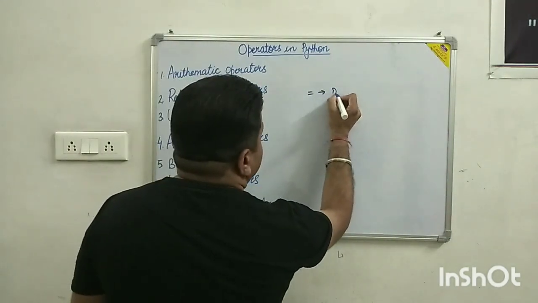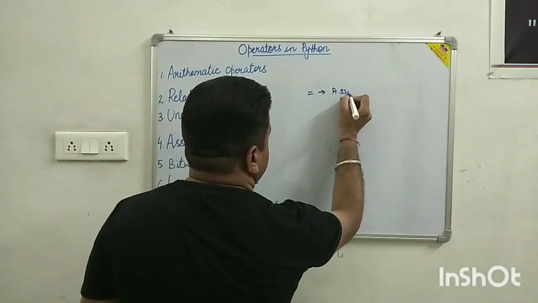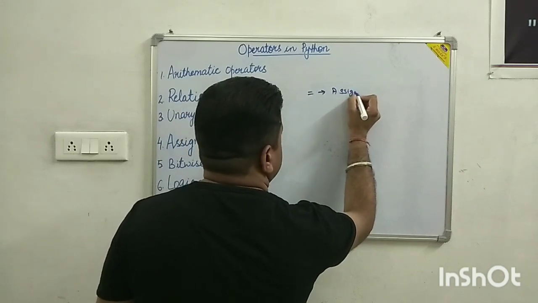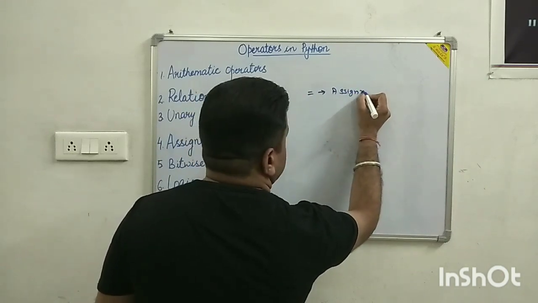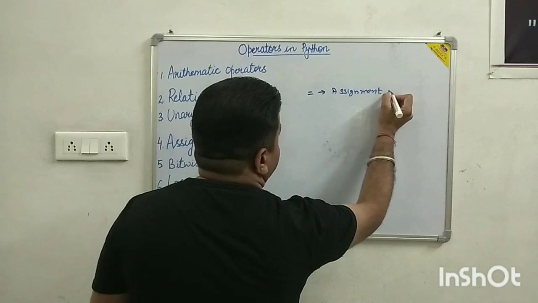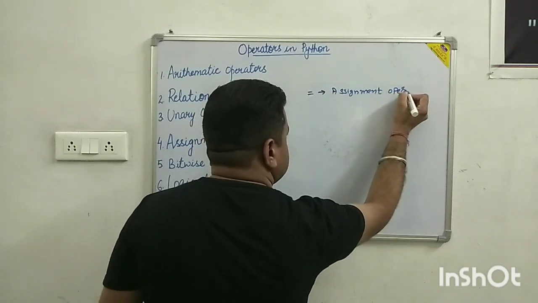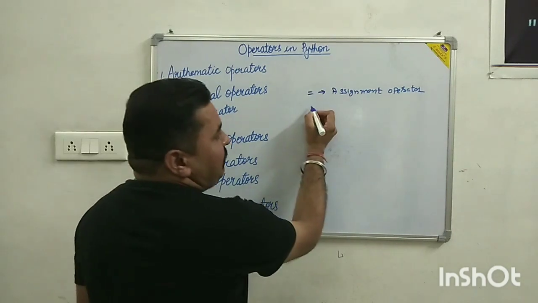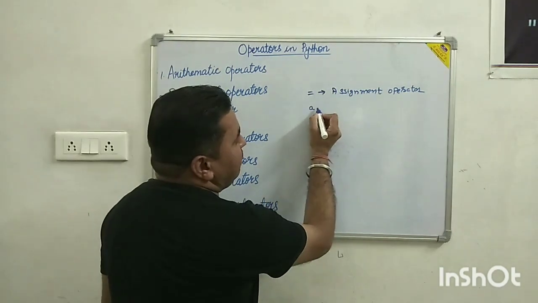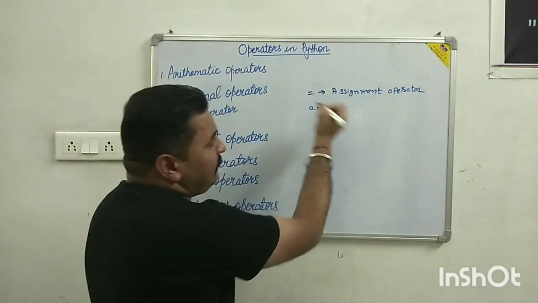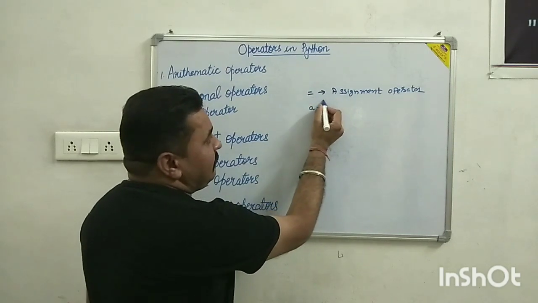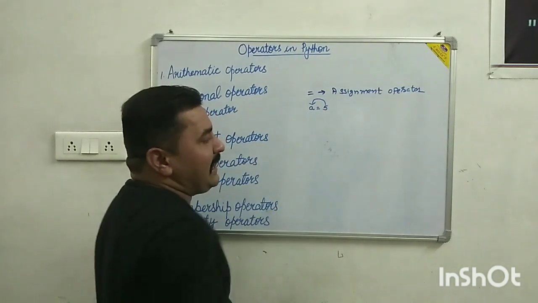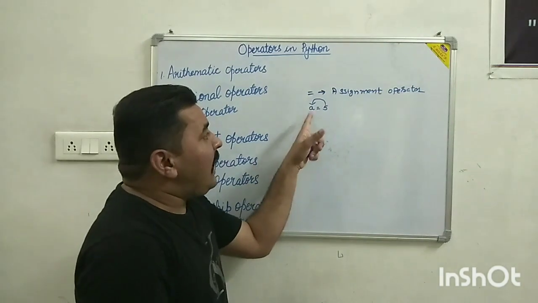So this is an assignment operator. If we write A is equal to 5, that means this 5 is assigning a value to variable A.